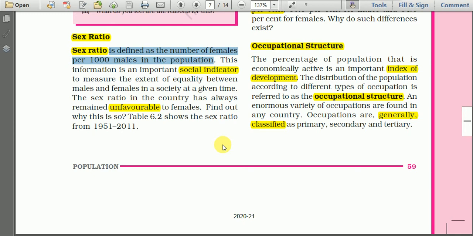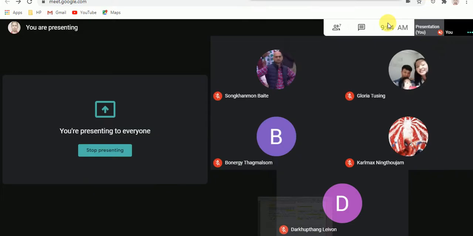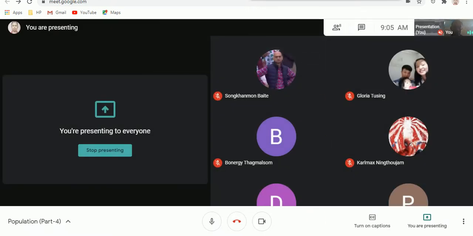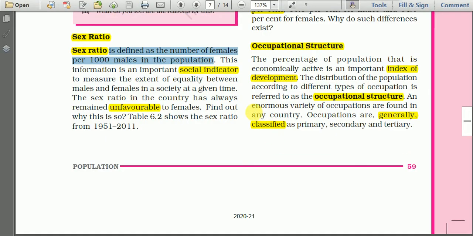This is the definition for India, but in the Western countries, sex ratio is expressed in terms of males per 1000 females or per 100 females. But for India, sex ratio is defined as the number of females per 1000 males in the population. That means how many females there are per 1000 males.